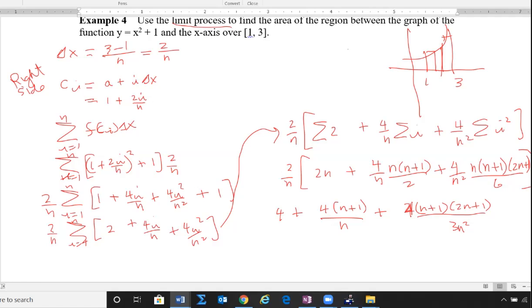Now, remember that in our case that was an upper sum. And now you're going to take that limit. So I'm going to take the limit here. I'm going to get a 4 plus another 4, and this one is going to give me 8/3, isn't it?